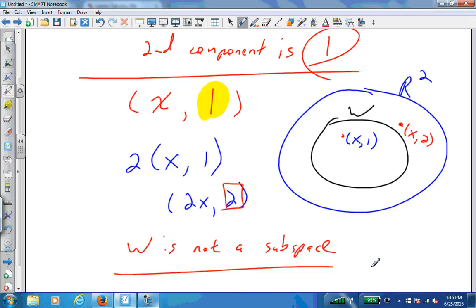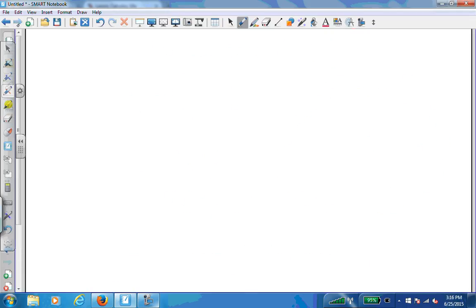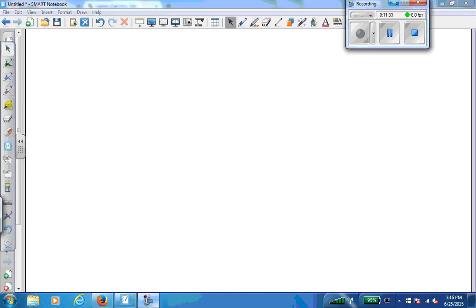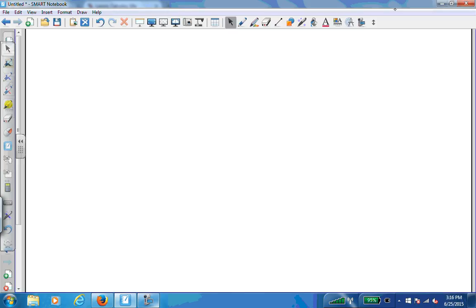So let's see, what's another one we could look at? Let me pause just for a second. This one would be pretty easy to illustrate that it's not a vector space.